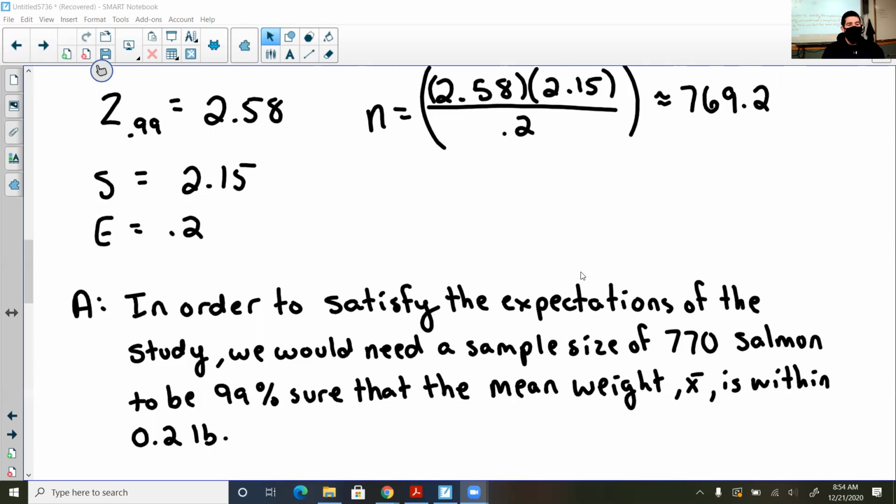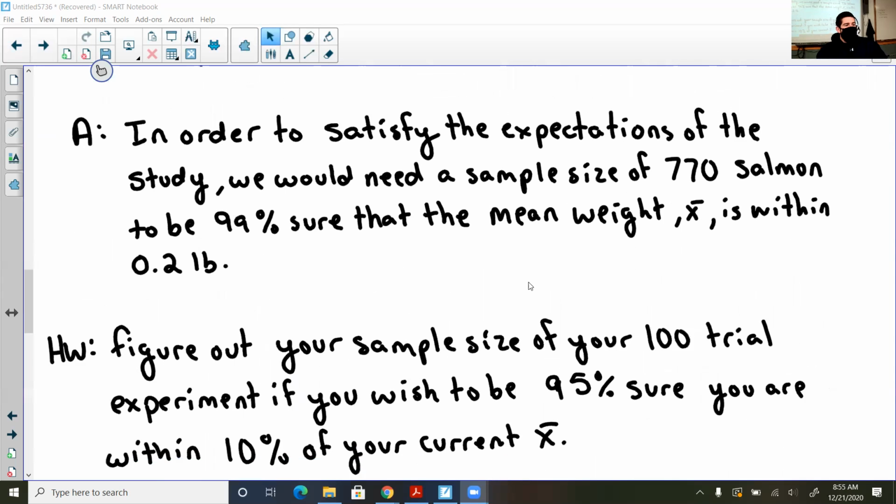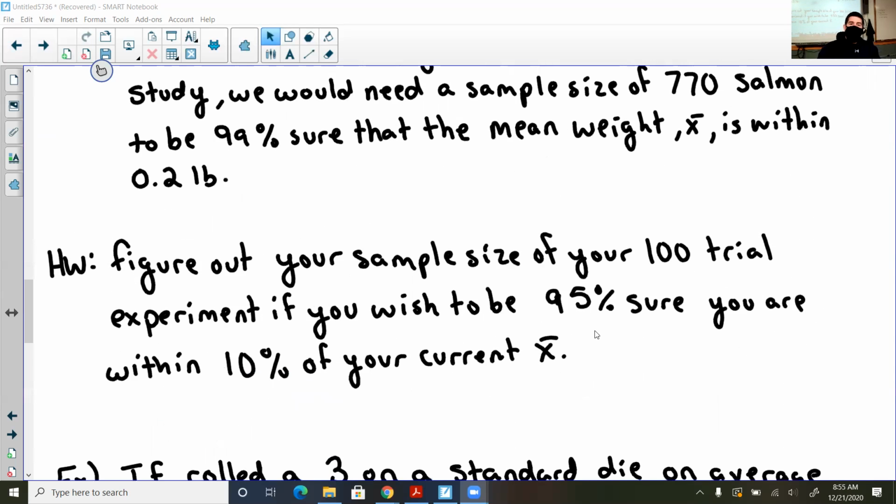So if we were to collect 770 salmon, that sample size would be large enough for us to be confident that we would be within that margin of error. So your homework is to use your 100 trials.